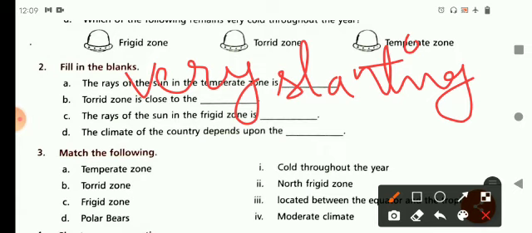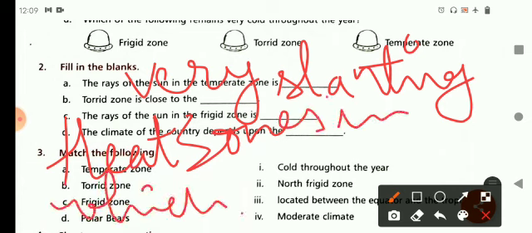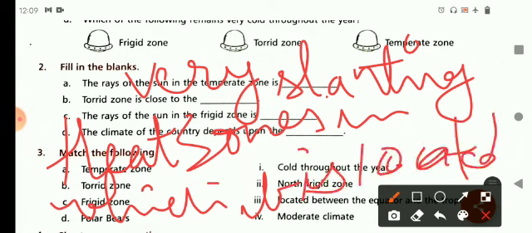Fourth one: the climate of a country depends upon the heat zones in which it is located. So children, the climate of the country depends upon the heat zone in which the country is located.